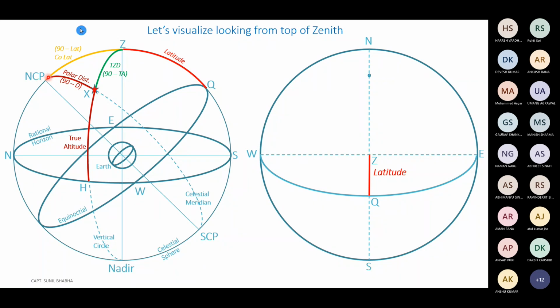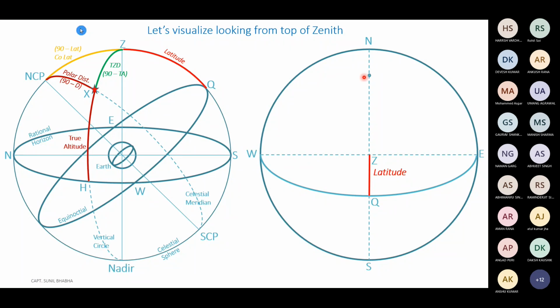So let us show this in our diagram now. We start off from the Z point, we move towards the north point, and we move a distance equal to 90 minus latitude or our colat. The point where we arrive is the north celestial pole.